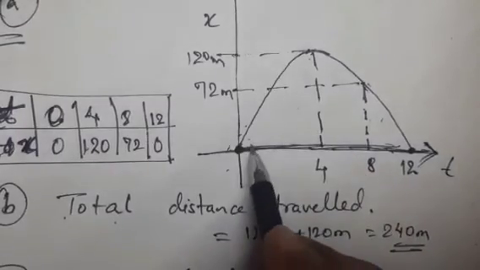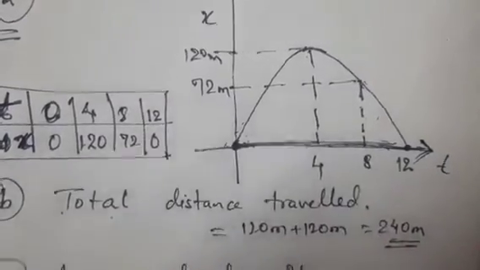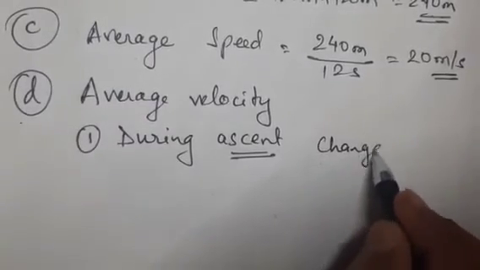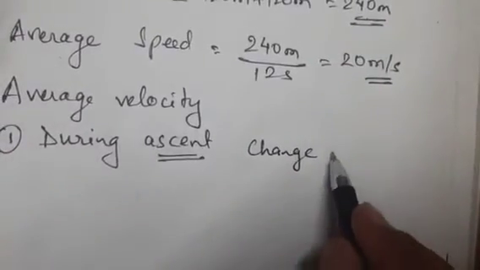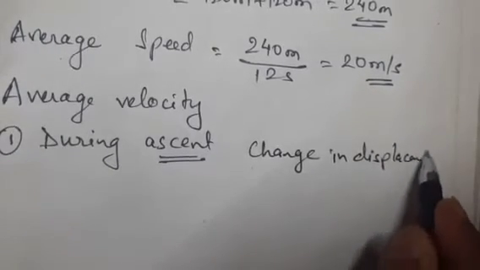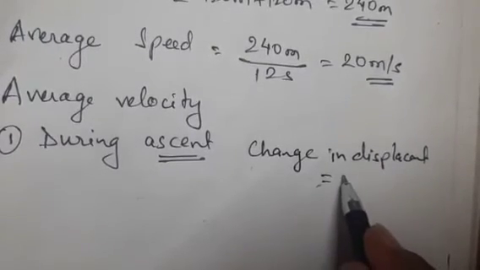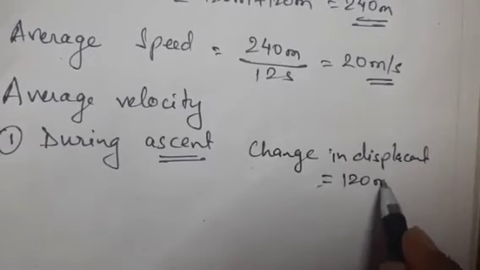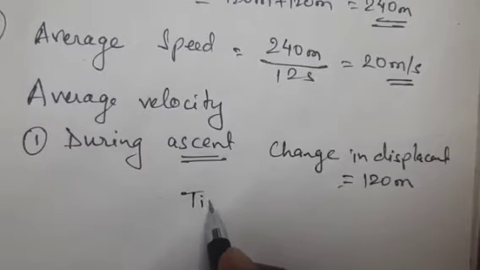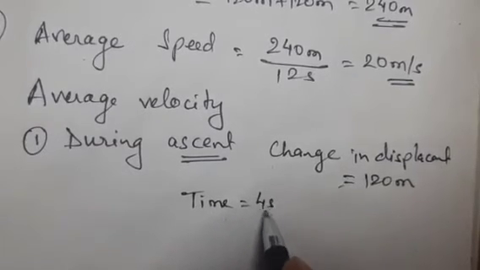That is, change in displacement is 120 meter. During ascent, change in displacement is equal to 120 meter, and time is 4 seconds.